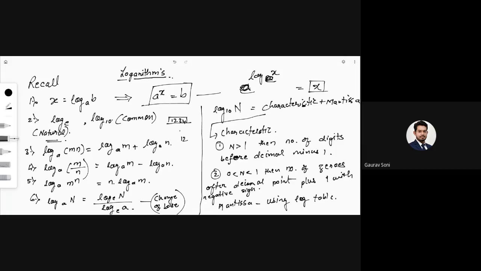You look at the row 1, 2, and you look at the column 3. There will be some number there, and there are small columns at the most right-hand side of the log table, and in that we will look at the fourth digit, 4. Whatever the corresponding entry we have, we will add it to this, and it is our mantissa. Okay, so this is how we find the mantissa.